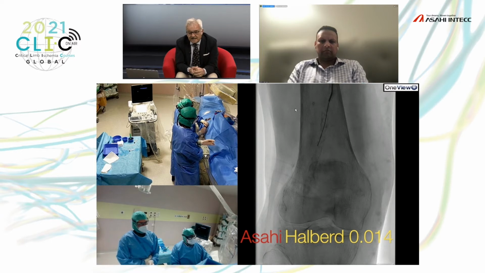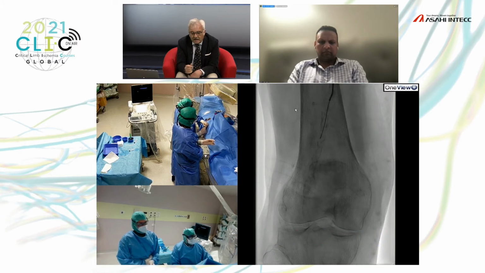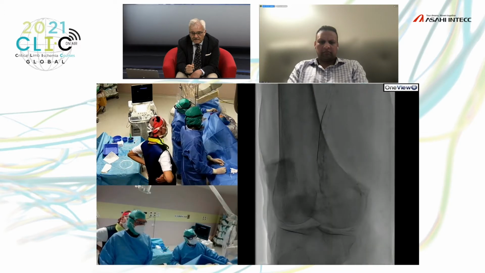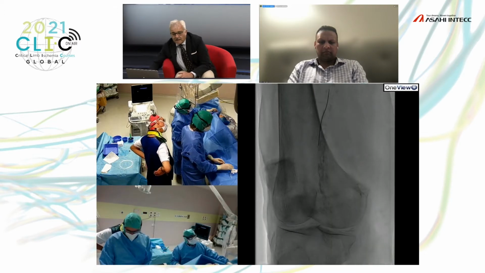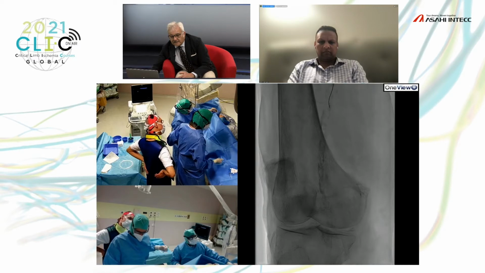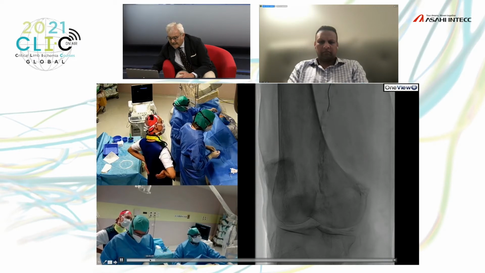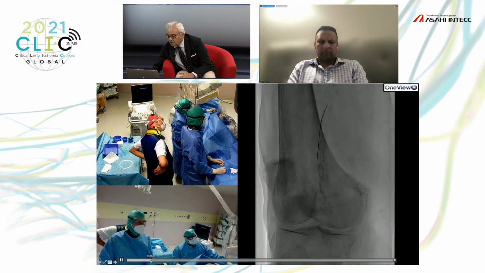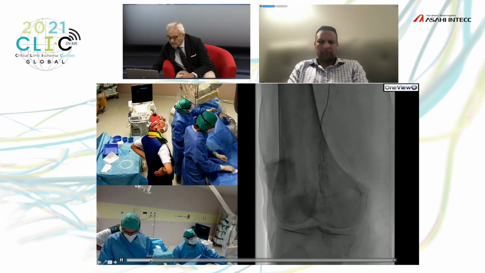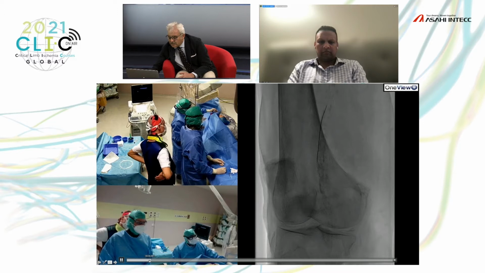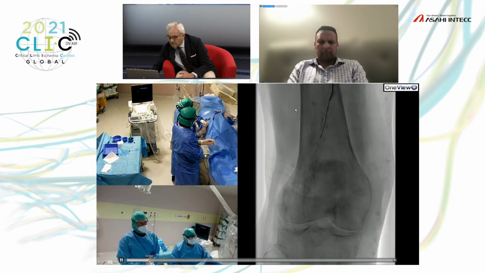You can see here, I try to rotate the wire. If you can see the movement of my hand, I try to rotate the torque. So the technique is the drilling technique. I would like to come back a little bit. You can see here the wire is out of the vessel.